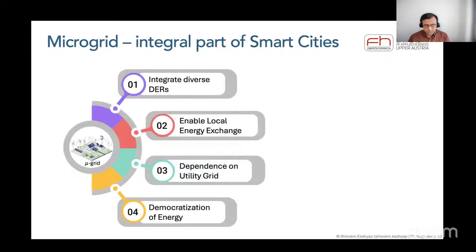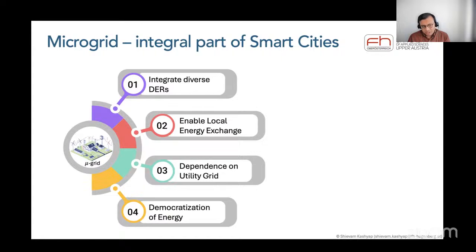So a microgrid is an integral part of the smart cities since it helps in integrating diverse DER, distributed energy resources, for example, rooftop solar PV and so on. Then it also helps in enabling local exchanges of energy between the users or the peers, so P2P energy trading and such.